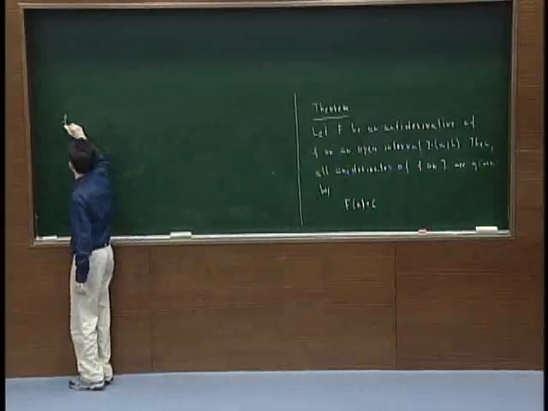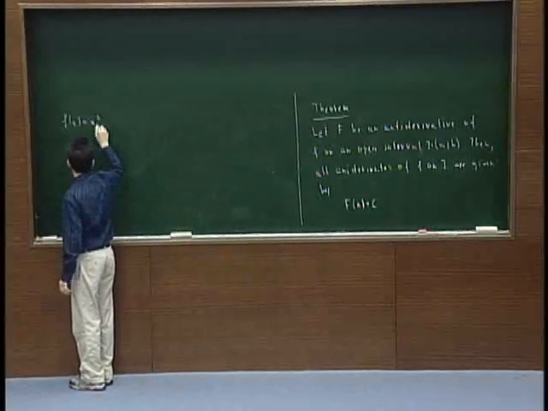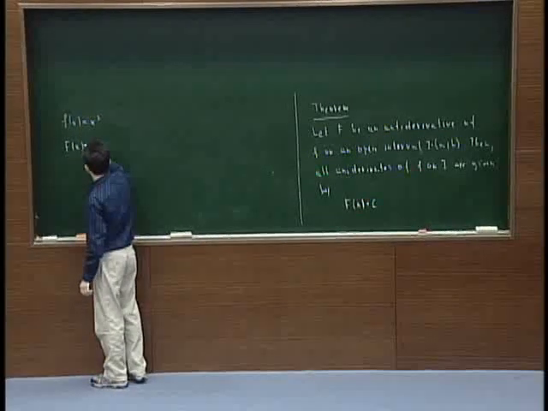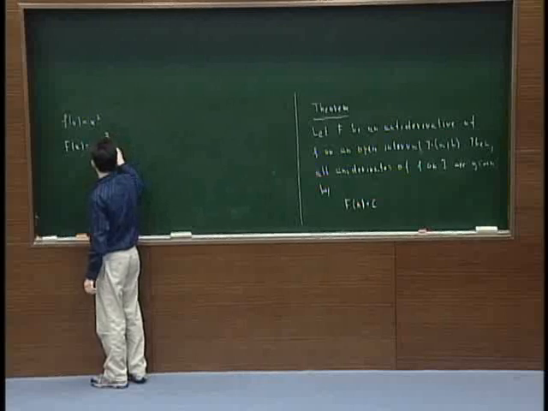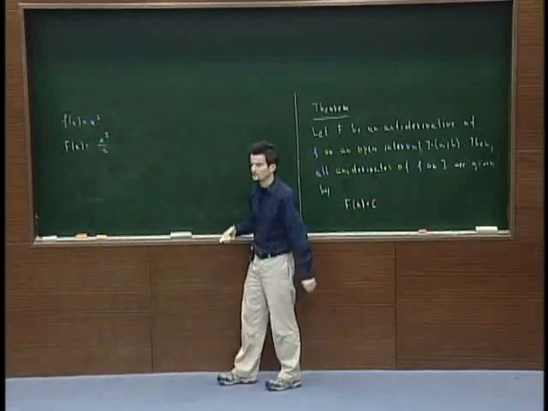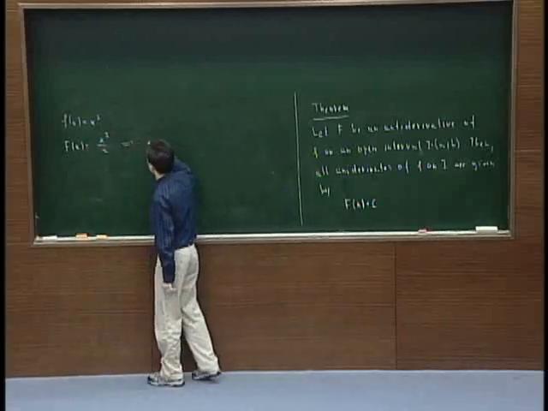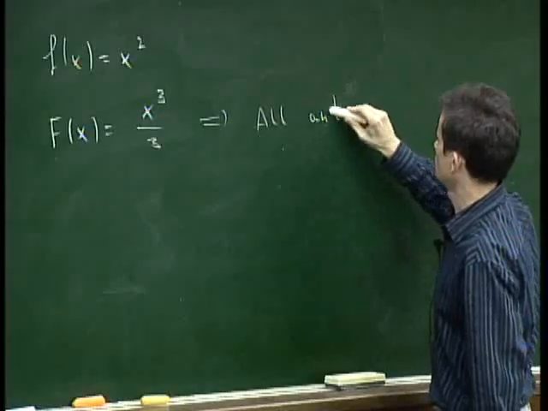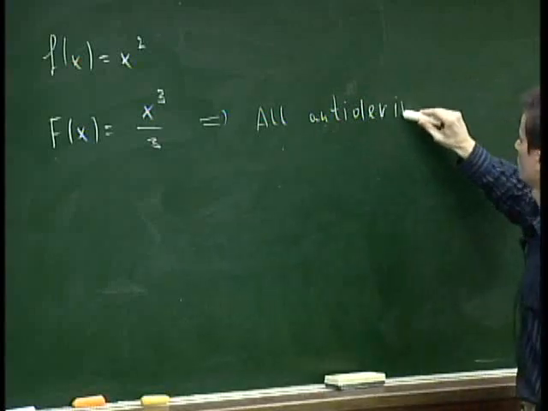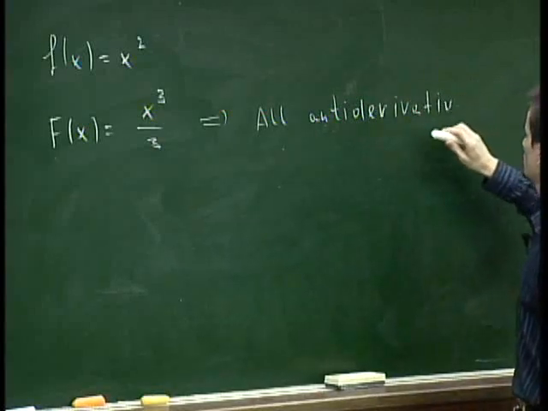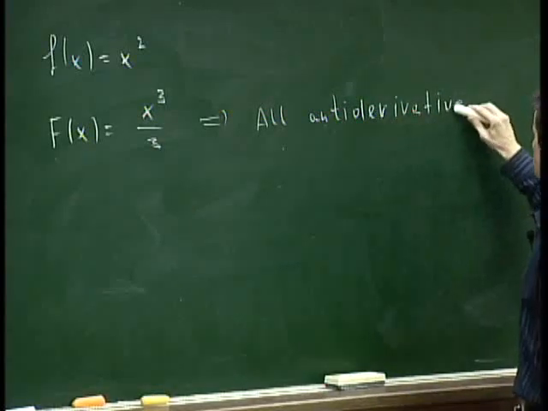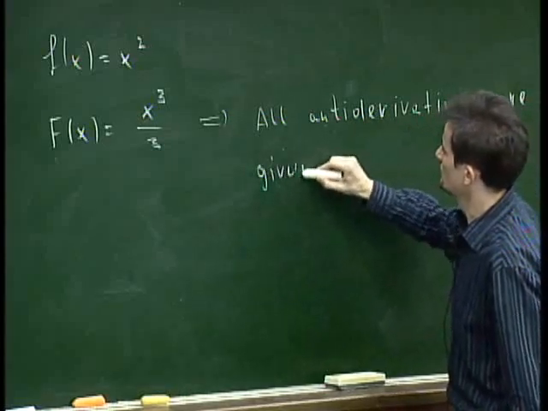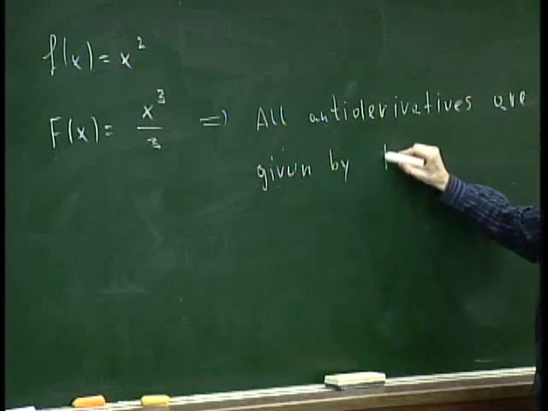So for instance, if you choose x squared, it's easy to guess the antiderivative, of course. So this is the antiderivative, and from this result you know that all antiderivatives are given by F of x plus c.